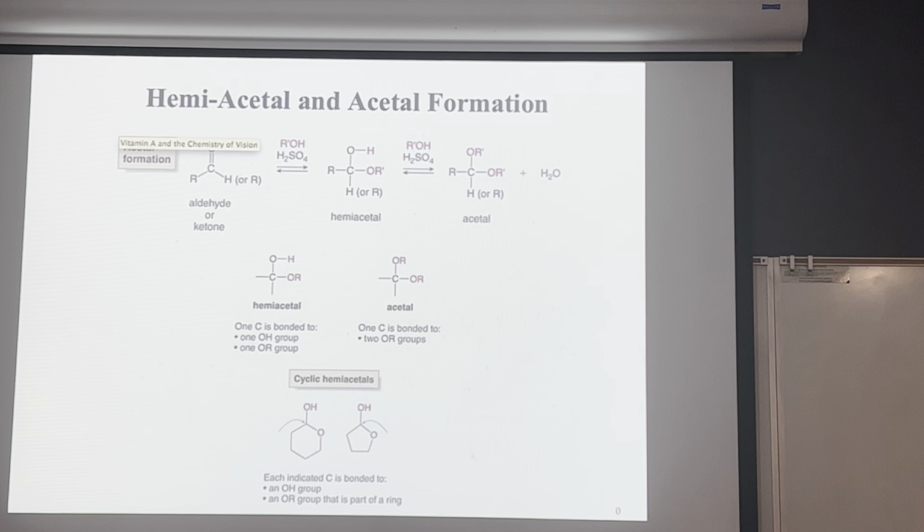Okay, so we stopped here and I said I don't want to talk about hemiacetals and acetals until next time, and this is next time. The picture up at the top here, I have no idea why it's like vitamin A and the chemistry of vision, how it got there, but let me write in what it should look like underneath that little yellow banner there.